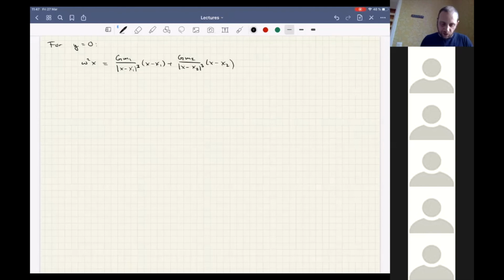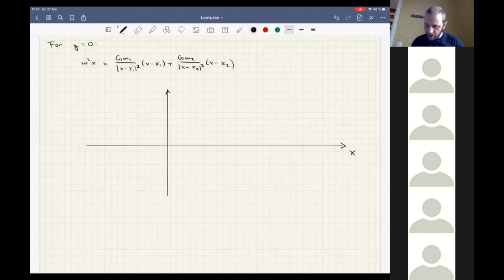So let me draw something like this. We have here x, and I'm going to draw both the omega term on the left-hand side and the right-hand side. If we draw the left-hand side here in green, then that's a straight line.